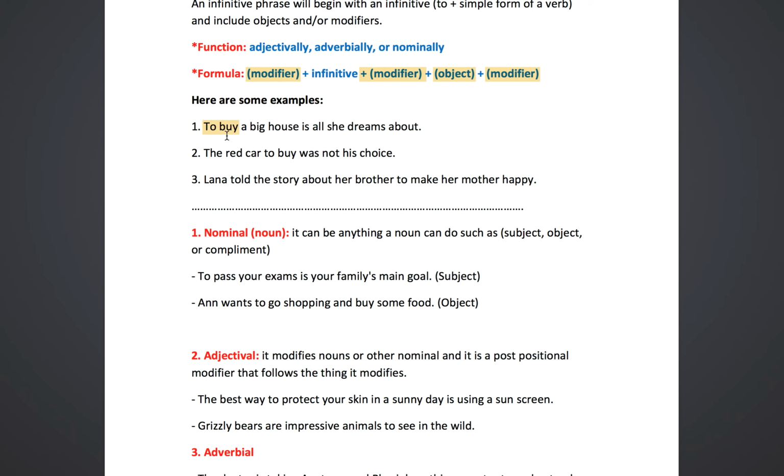You can see the infinitive that we have here, and more information is added to it, so that makes it a phrase. So this is the infinitive phrase, to buy a big house, which makes the subject of the sentence, and it's nominal.